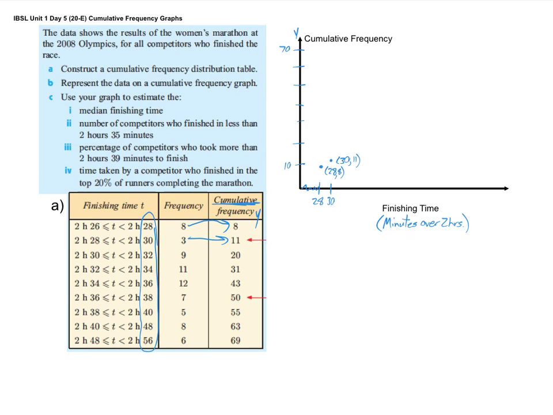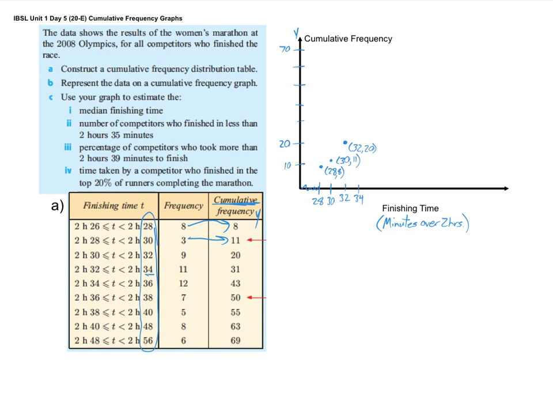Now, what's my next point going to be? 32, 20. There we go. So here's 20, and I come straight across the best I can. There's my point 32, 20. Okay? So we just plot the rest of these. 34, 31.